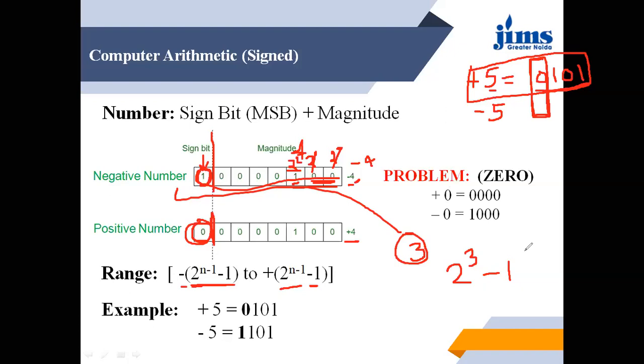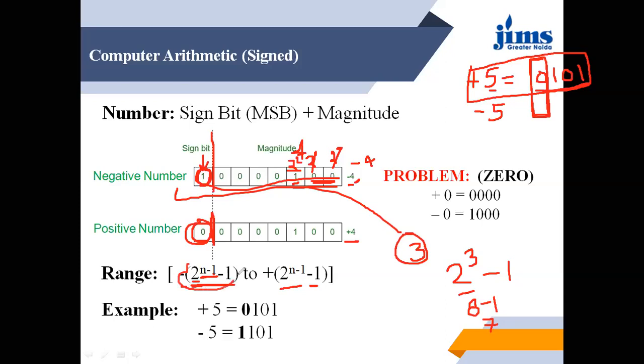And then it is 2 raised to the power n minus 1. So 2 raised to the power 4 minus 1, that is 2 raised to the power 3 minus 1. And 2 raised to the power 3 equals 8. So 8 minus 1 is 7.